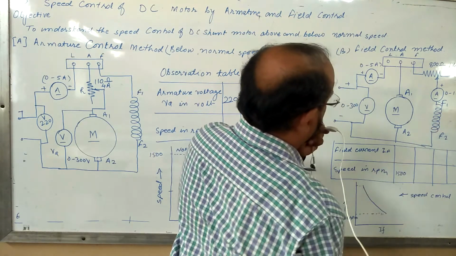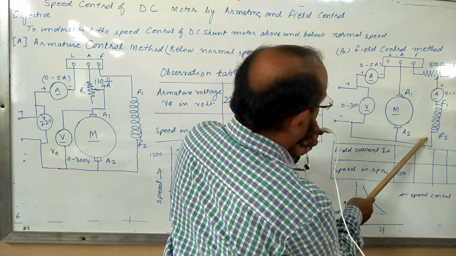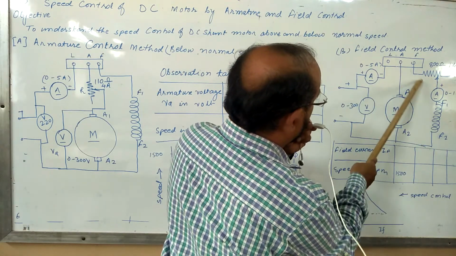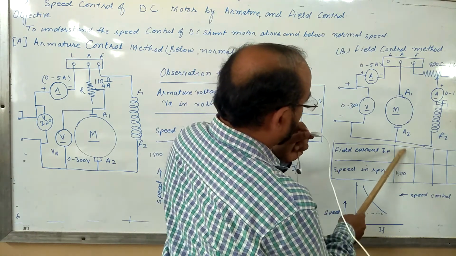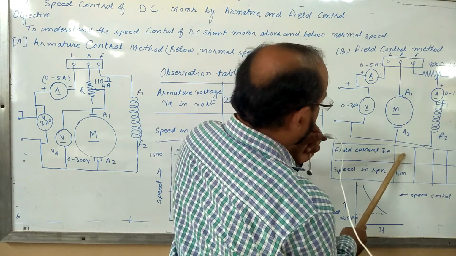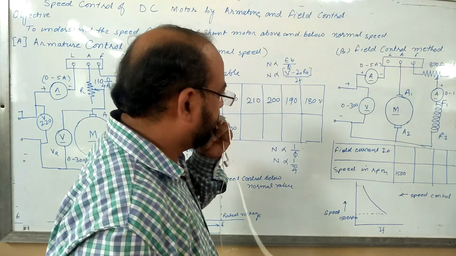By inserting some resistance, the total resistance of the field circuit increases, which decreases the current. At some particular constant value of current, say the rated current of 0.8 ampere, it will give 1500 rpm.